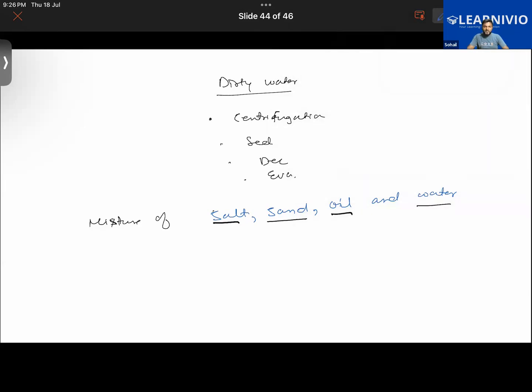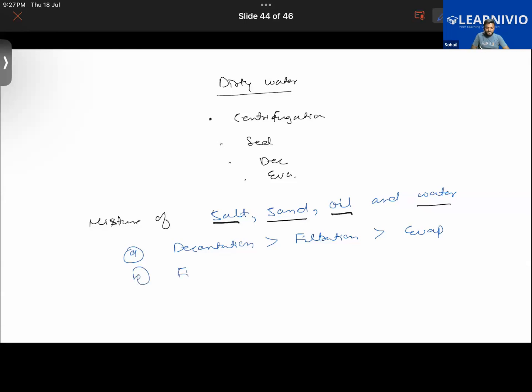Okay. Now I'm going to write some options. You have to tell me which of these sequences can be used to separate salt out of it. The options are as follows. First, you would be doing decantation, then filtration, and after this, evaporation.